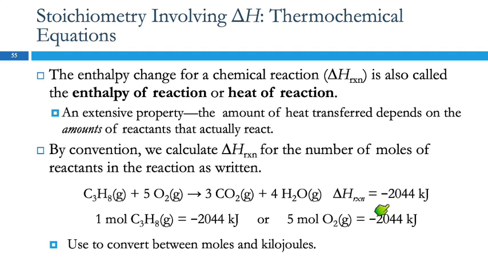Delta H here is saying that 2,044 kilojoules of energy is given off, I get that from the negative sign, for every 1 mole of this that reacts, which would be the same as 5 moles of this. So we get a conversion factor here from delta H and the coefficients in the balanced chemical equation. So we use this to convert between moles and kilojoules.